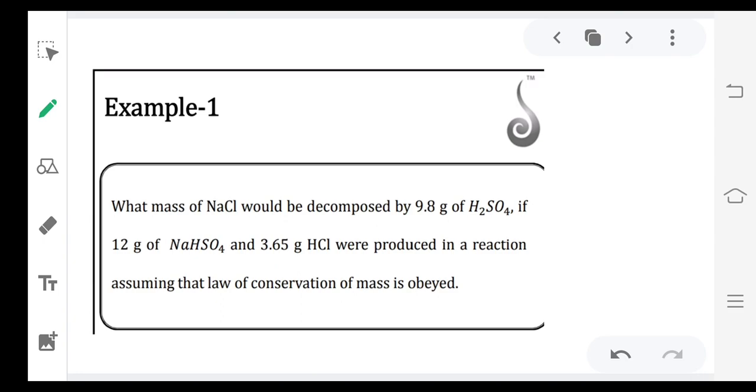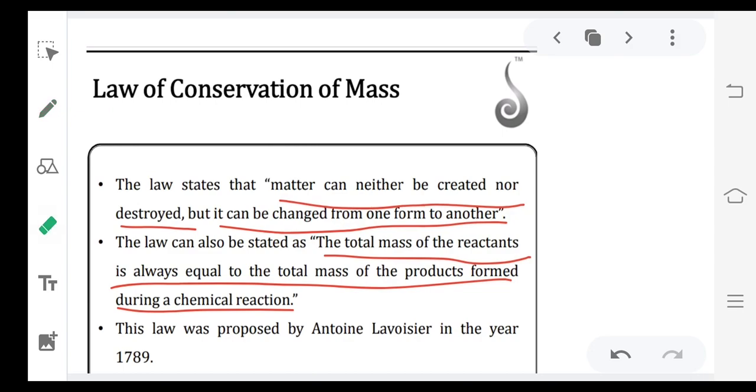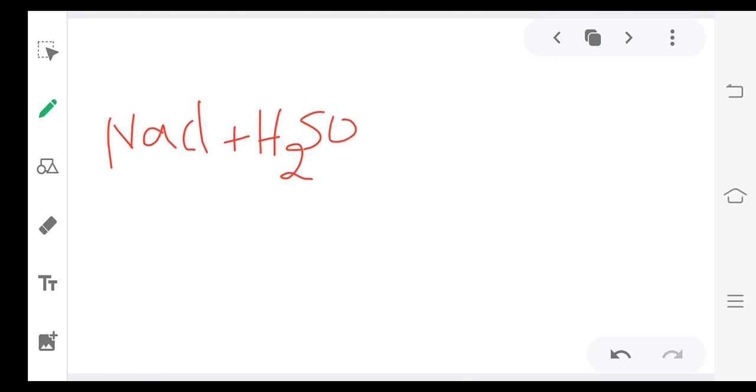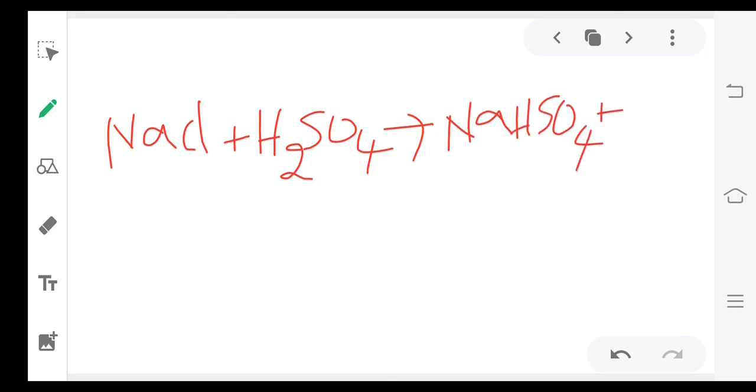Here the reaction is between NaCl plus H2SO4. What products do you get? NaHSO4 plus HCl.